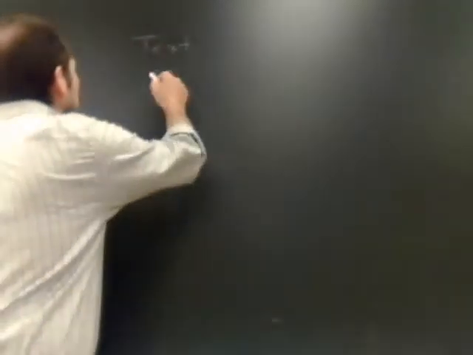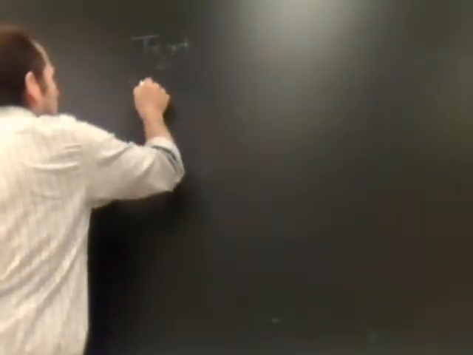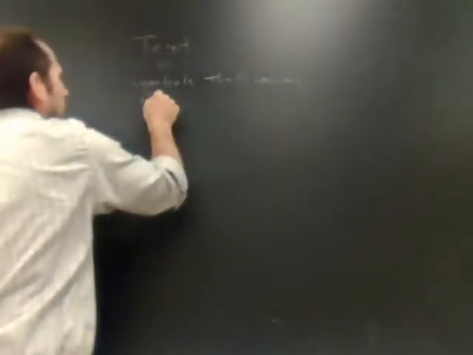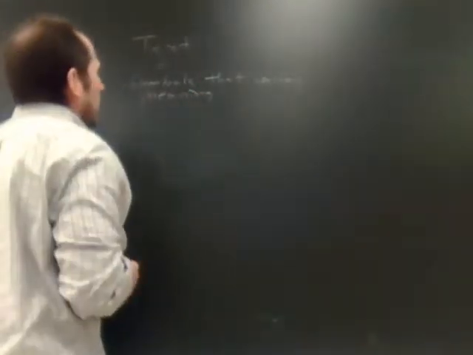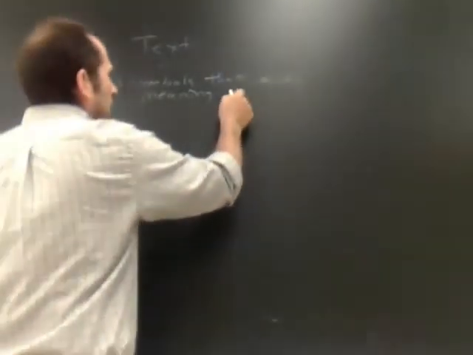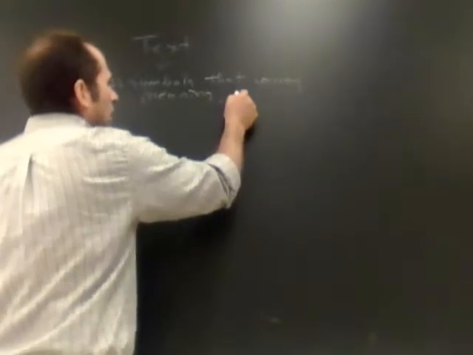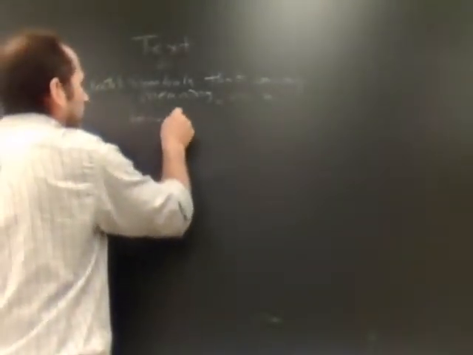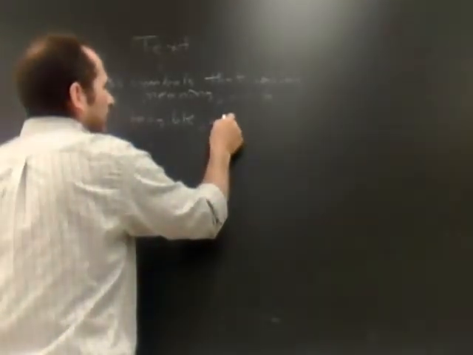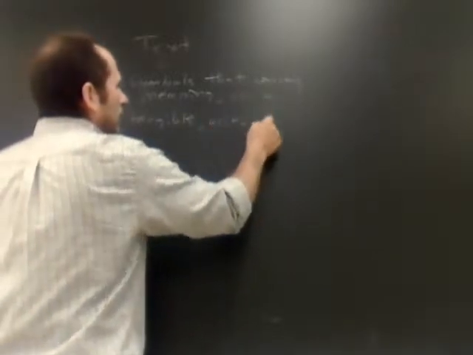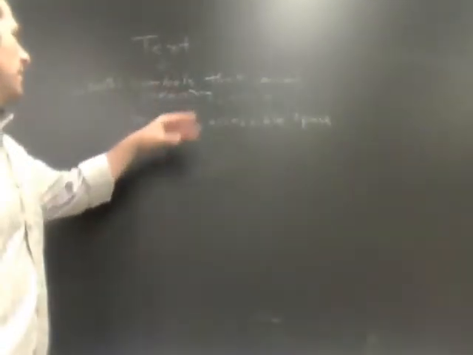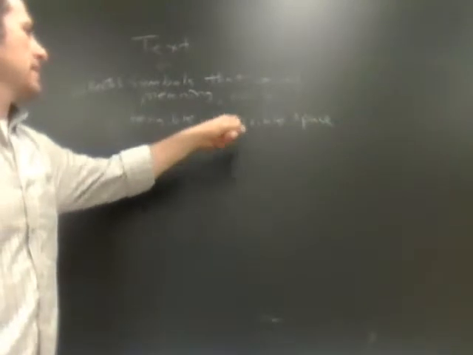Okay, so let's go ahead and say a text is collected symbols that convey meaning on a tangible, accessible space.